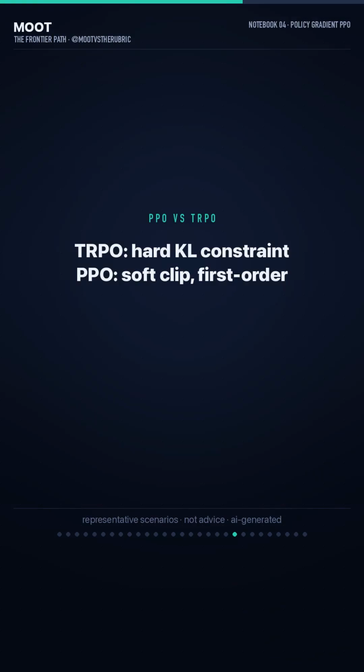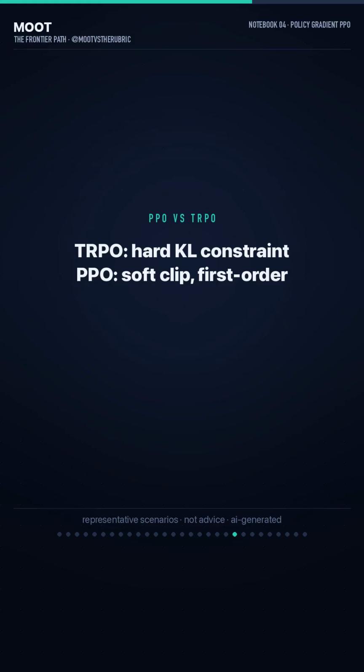This is the question interviewers love: why clipping instead of a hard KL constraint? Its ancestor, TRPO, solves a constrained optimization, maximize the surrogate subject to the KL divergence between old and new policy staying under a limit. That is principled but expensive. It needs the natural gradient, conjugate gradient, and a line search, hundreds of lines of finicky code.